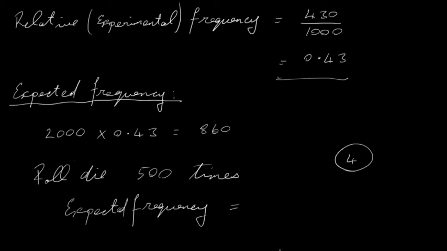So remember, we haven't carried out the experiment. We're trying to predict how many times we would expect to get a 4. Now we haven't done an experiment, so we have no relative frequency that we can use. All we've got is our theoretical probability.